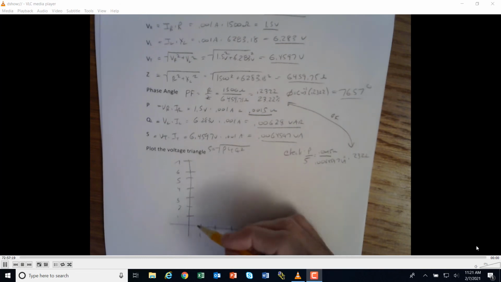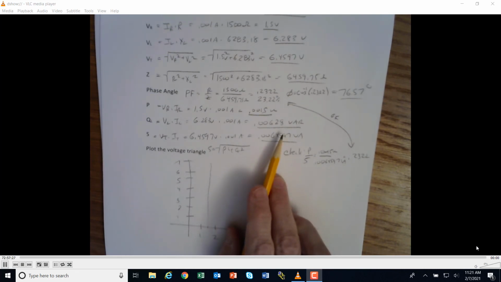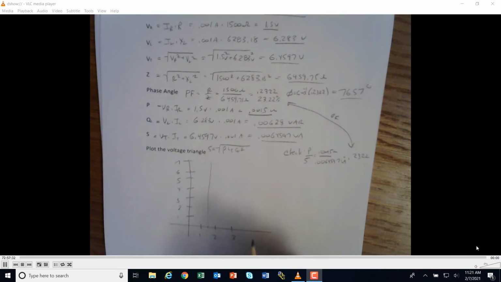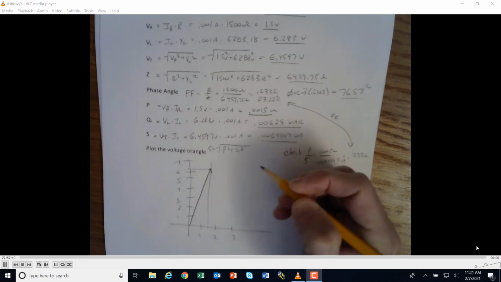So we're going to be 1.5. It's going to be here somewhere. And then the Q of the inductor, our voltage on our inductor was 6.283. So we go 6.283. It's going to be up here somewhere, and that's where they cross. And if I draw that right there, so that's what I'm ending up with here.